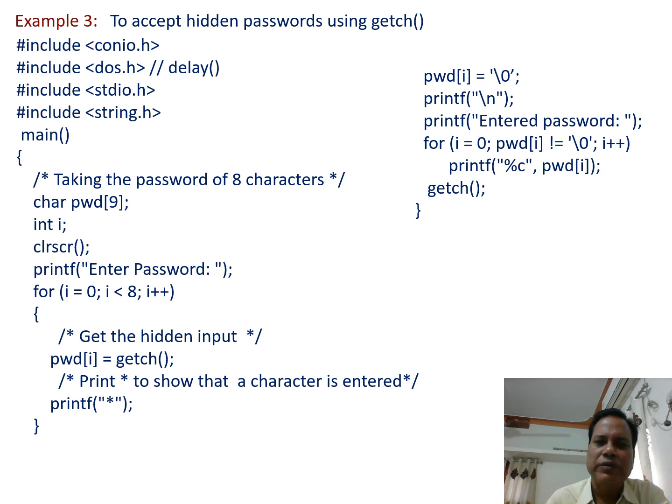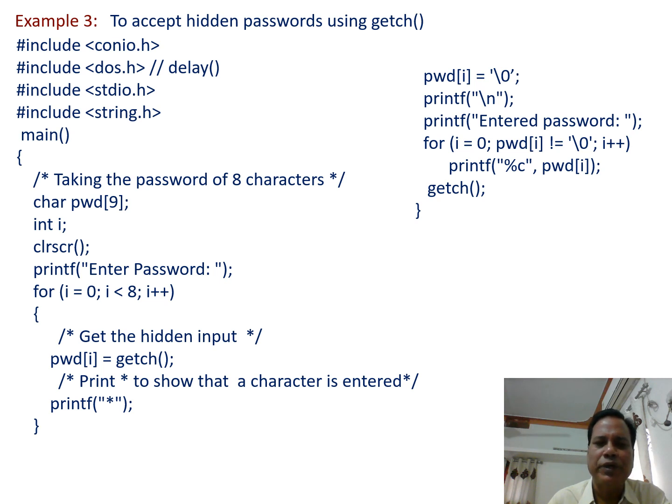See here, using the for loop, initial value of i equal to 0. We set the initial value of i, and then the condition is checked: 0 is less than 8. The condition is true. When the condition is true, the body of the for loop is executed. In this body, the first statement is pwd[i] equal to getch.